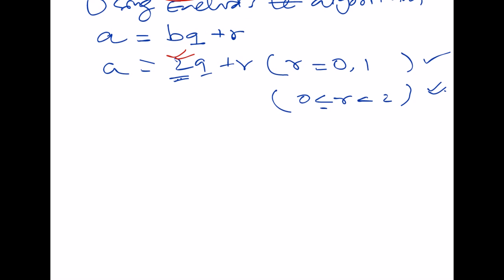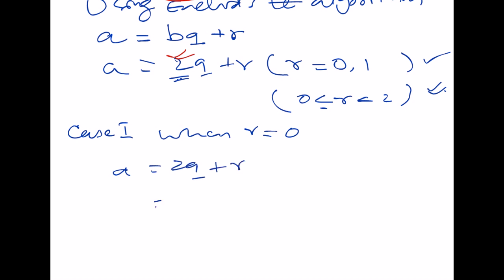there are two cases arising out of this situation. Case 1 is when r equals 0, so a will be 2q plus 0, is it not? So here it is 2q.